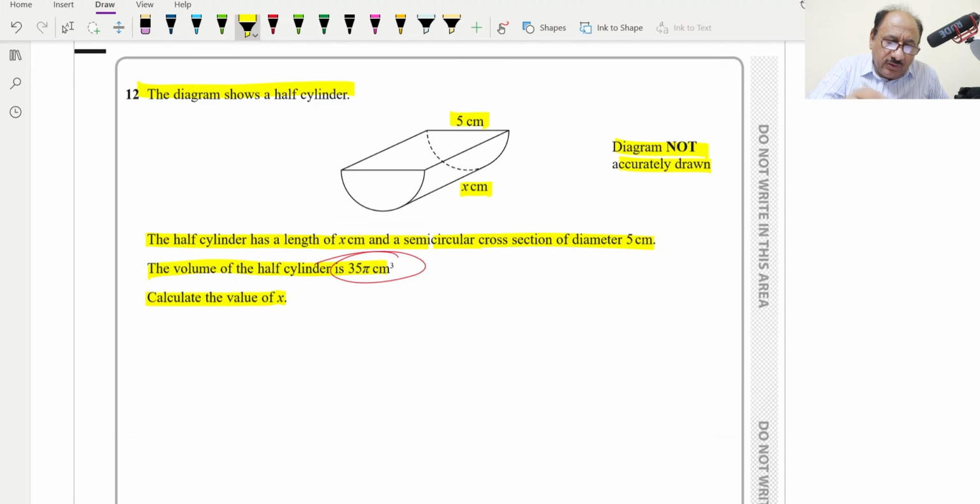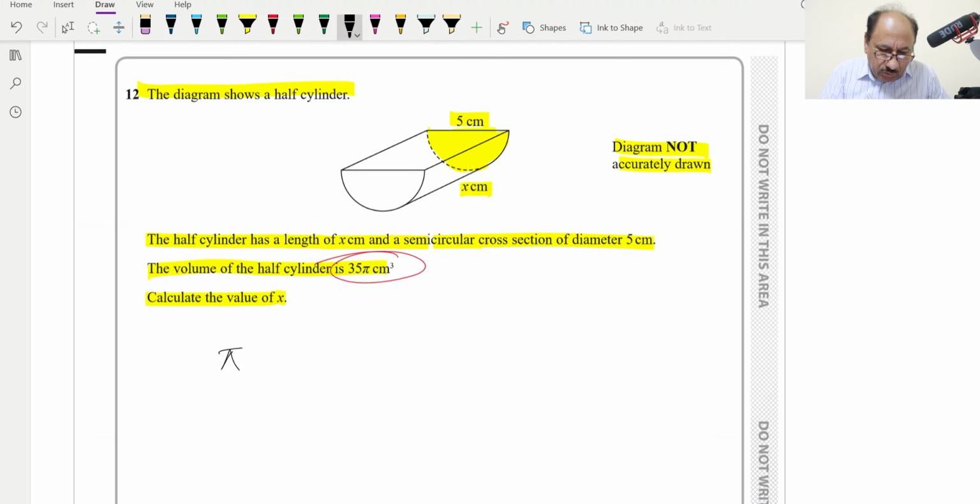So what we will do, first of all, we will check for the half circle, and volume of this will be half circle, which is this one. Half circle will be what?